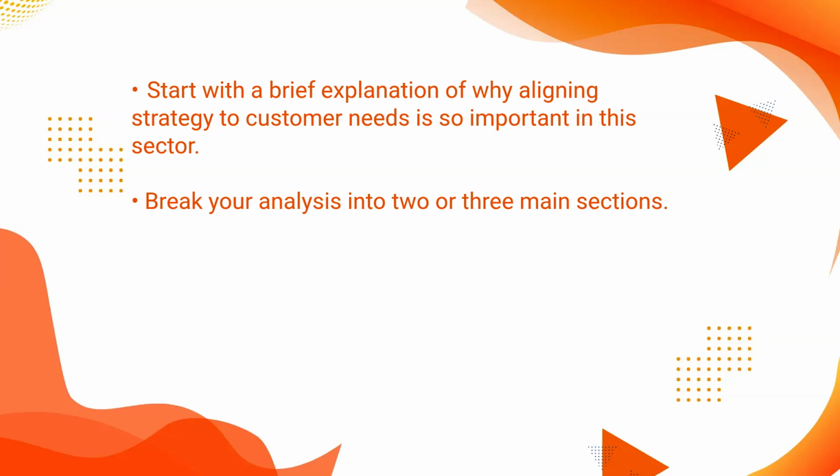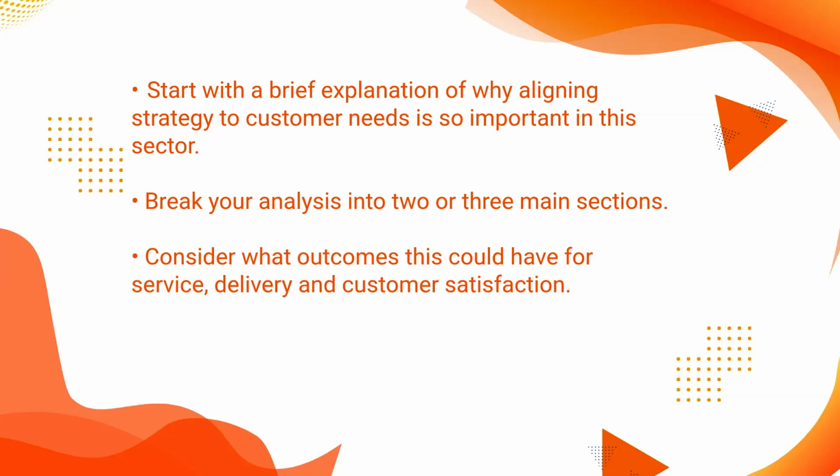Second, talk about how this approach fits with the organizational and external context. Think about things like vertical and horizontal integration here. Third, consider what outcomes this could have for service delivery and customer satisfaction. Each section should make a clear point, use evidence either from the scenario or from academic sources, and always link back to what the question's really asking.